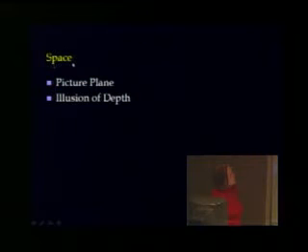And the word space in artistic terms can mean two different things. It can mean the flat surface, the picture plane of the surface. And this is a treatment of space that we'll get into more when we get into the next chapter, because placing things on that picture plane, on that flat surface of a painting, really has to do with principles of design, which is what the next chapter talks about.